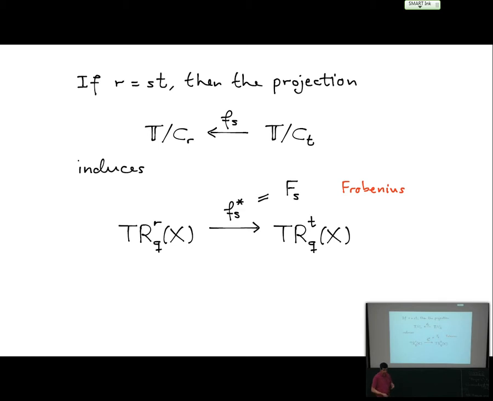But you can also say that each of these quotients again is a circle, and this is a degree S map from the circle to itself. So spectra are a weakening of abelian groups, if you want, more complexes.